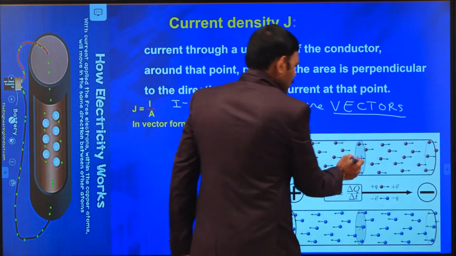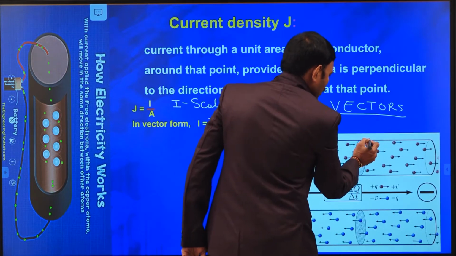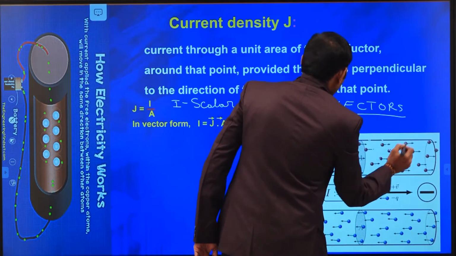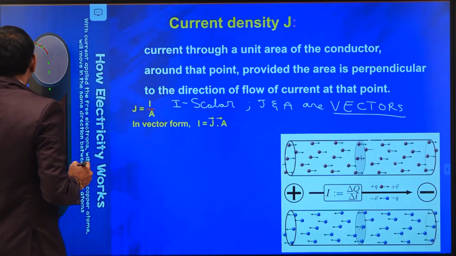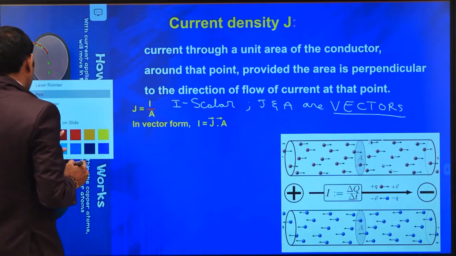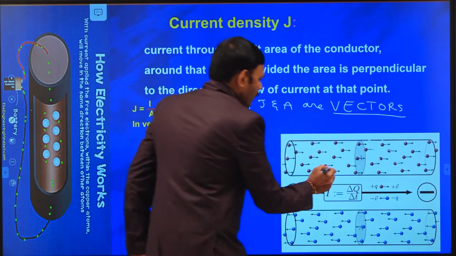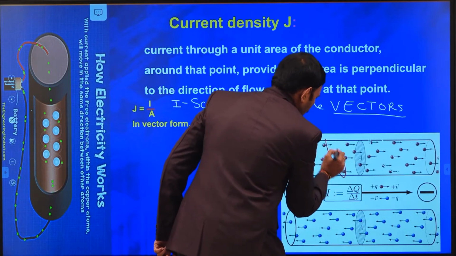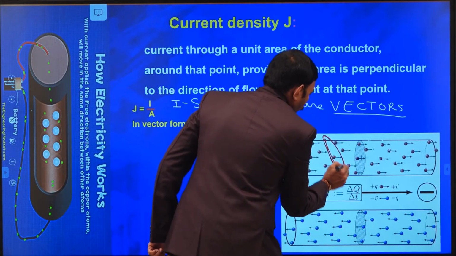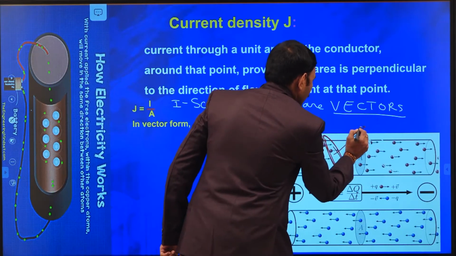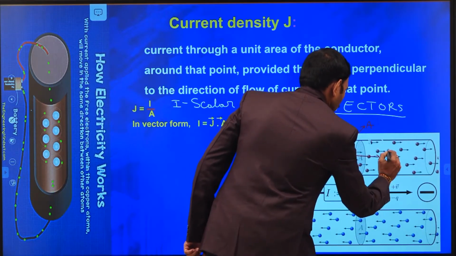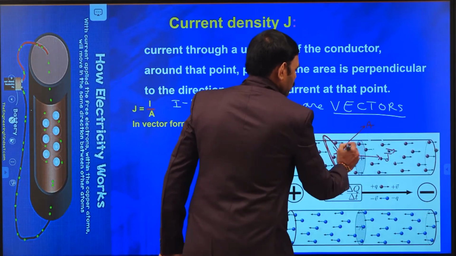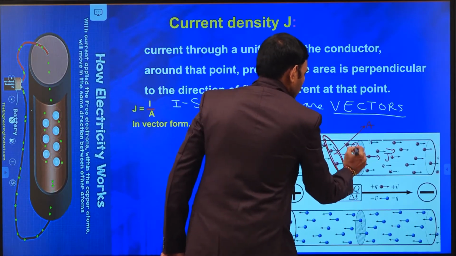Students, suppose in spite of having area in this direction, you assume the area along a different direction. So if you consider the area in different directions, I am selecting this red color pen for you. Here, this is the direction of the area vector, and this is the direction of the current density vector, and the angle between them is theta.